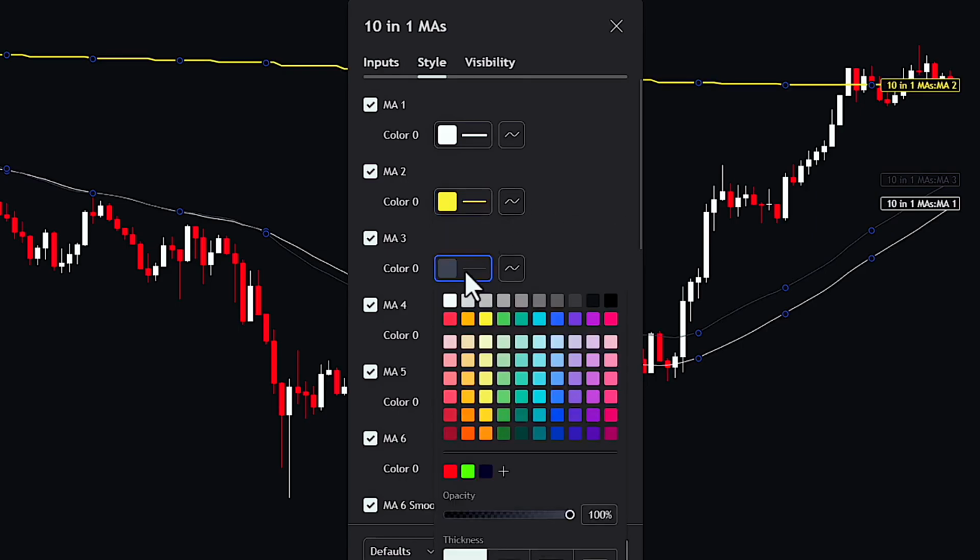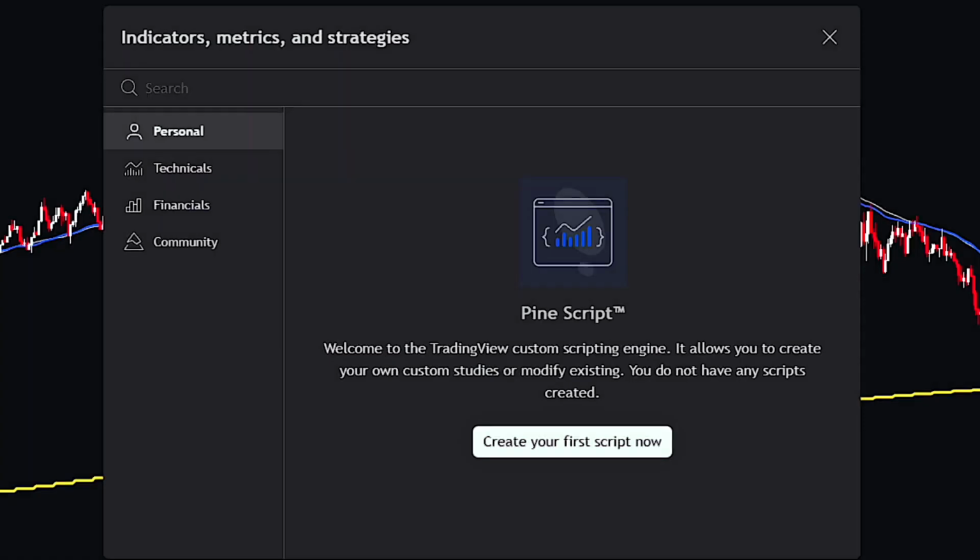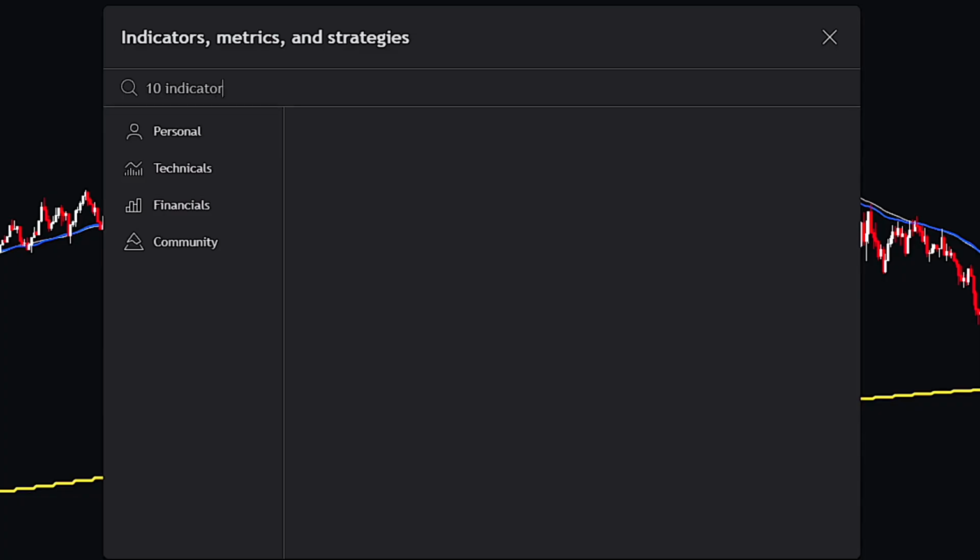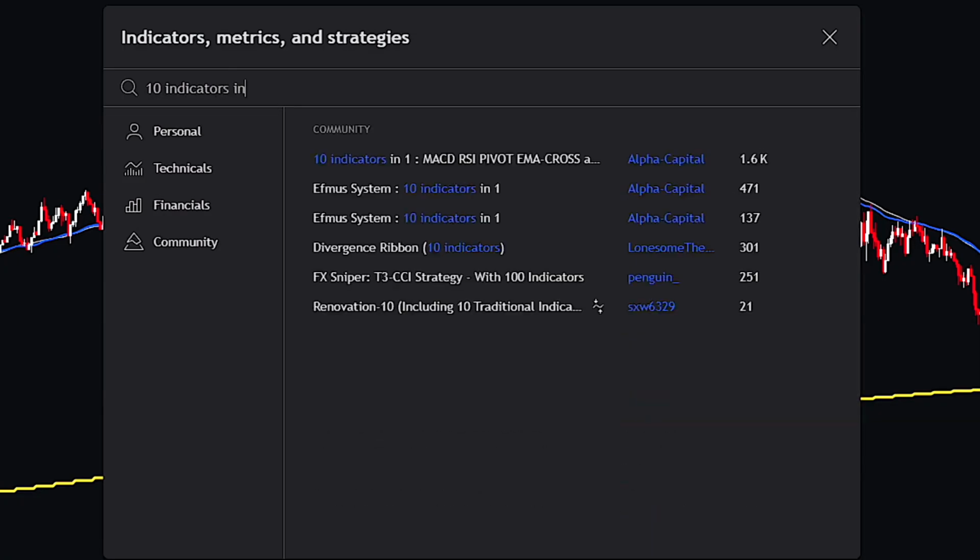Now, to truly unlock the full potential of this strategy and start making money, we need one more secret weapon. Another free indicator that will take your trading game to the next level. So, let's jump back into the indicator section and search for 10 indicators in 1. You know the drill. Head over to the search bar, type in 10 indicators in 1, and hit enter.